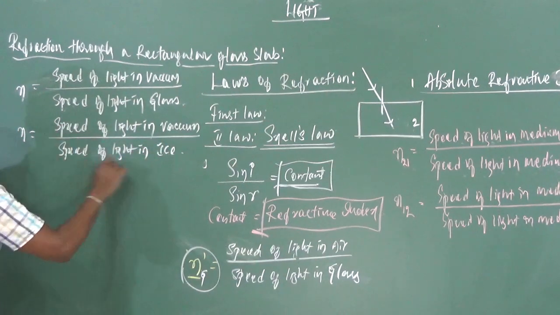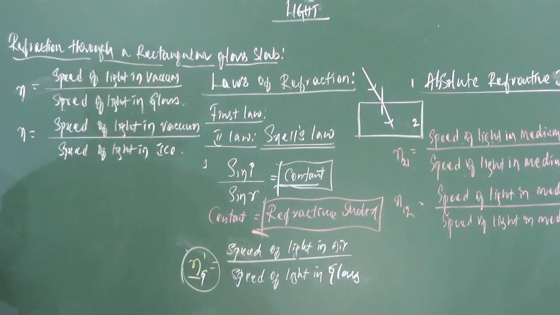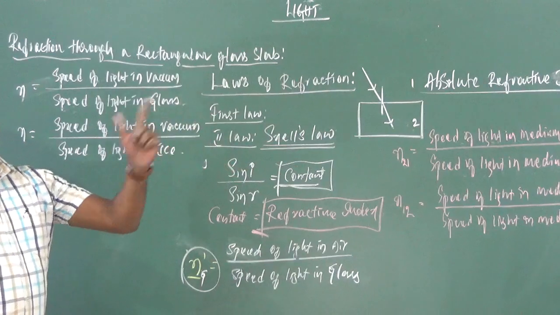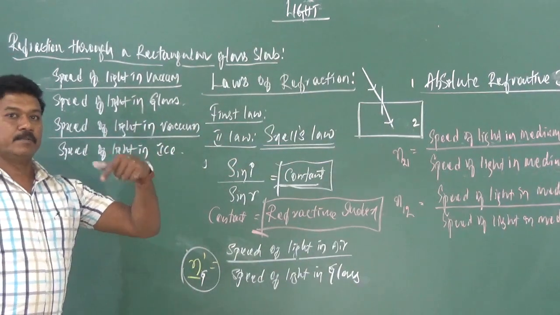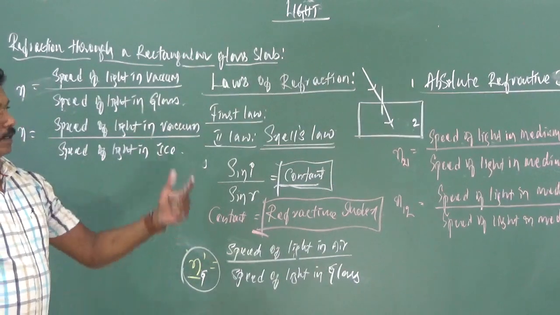When you take this ratio, that gives the absolute refractive index of ice. So n is equal to the speed of light in vacuum by the speed of light in ice gives the absolute refractive index of ice. The speed of light in vacuum by the speed of light in glass gives the absolute refractive index of glass. The speed of light in vacuum by the speed of light in maybe alcohol gives the absolute refractive index of alcohol.